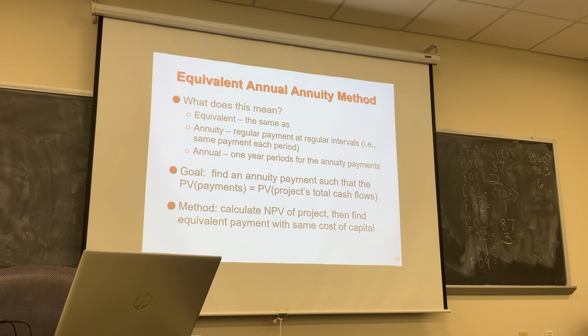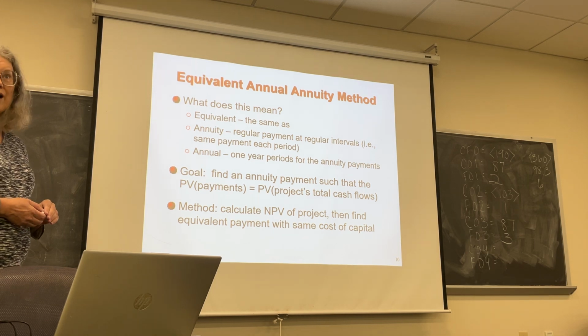The goal of this method is to find an annuity payment such that the present value of the payments equals the present value of the project's total cash flows. So we're going to calculate the NPV of each project, which we already have because it didn't change, and then find the equivalent payment with the same cost of capital.